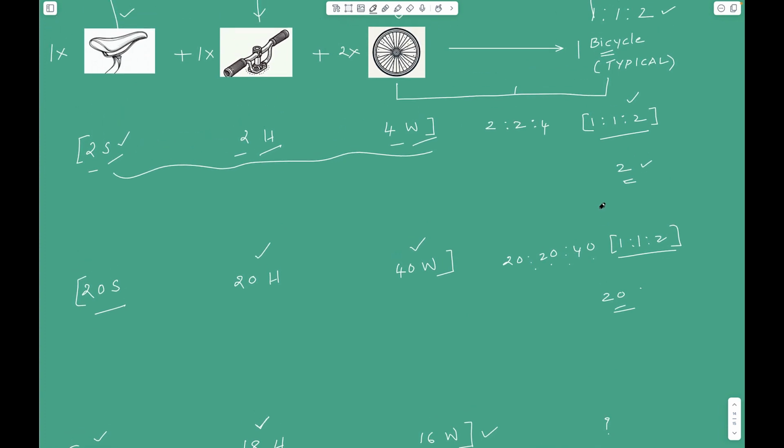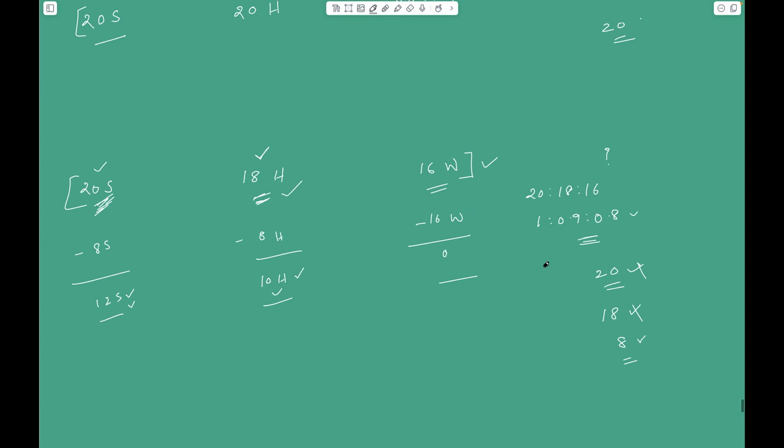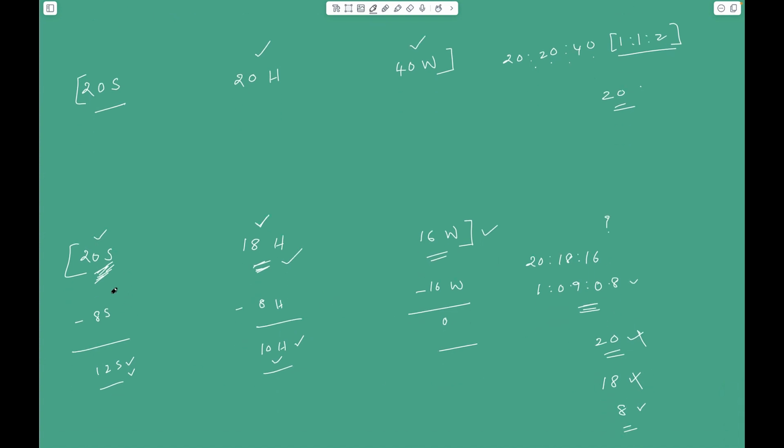It doesn't make sense, because you have 10 extra handlebars and 12 extra saddles. After making 8 bicycles using all the 16 wheels, you cannot say that I will put 1 extra handlebar on each bicycle and 1 extra saddle as well.